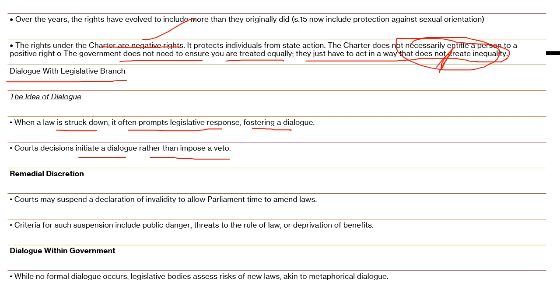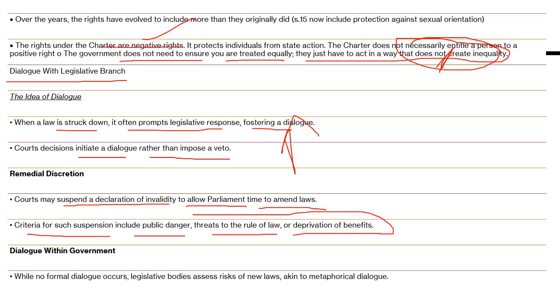Then remedial discretion. Courts may suspend a declaration of invalidity to allow Parliament time to amend laws. So this is what I said, that courts sometimes tell Parliament that okay, you have this time, you can amend this particular thing that is unconstitutional, that is going beyond the scope of the Charter. Criteria for such suspension include public danger, threats to the rule of law, and deprivation of benefits.